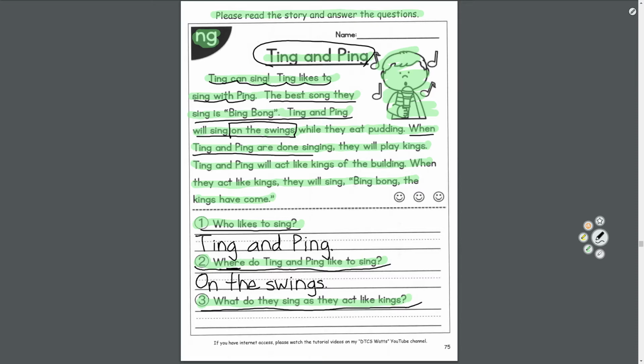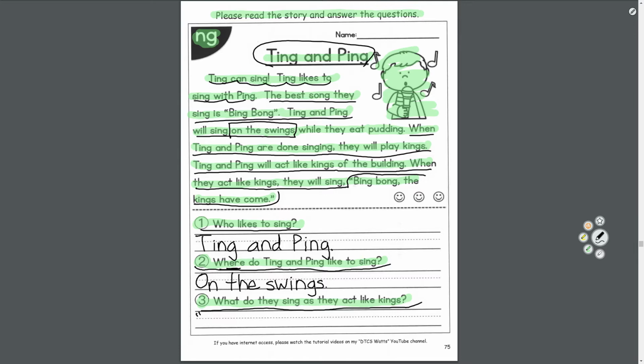When Ting and Ping are done singing, they will play kings. Ting and Ping will act like kings of the building. When they act like kings, they will sing Bing Bong, the kings have come. So, with the quotation marks, because now they're saying something, singing, it's like speaking.